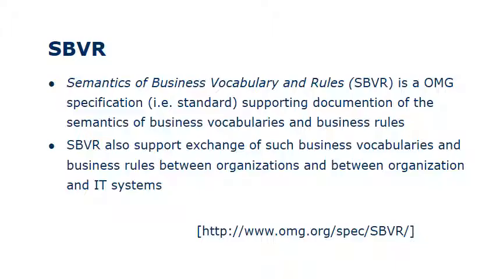SBVR is an abbreviation for Semantics of Business Vocabulary and Rules. It's an OMG specification, and it supports documentation of semantics of business vocabularies and business rules. That means that SBVR also supports exchange of such business vocabularies and business rules between different organizations and IT systems.